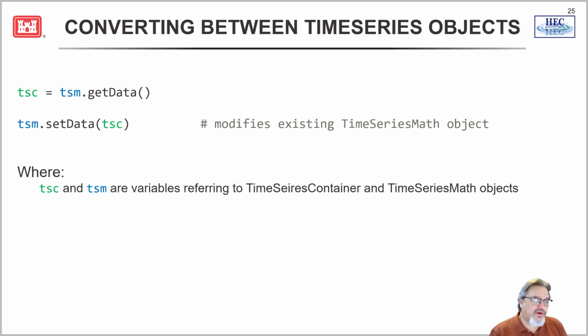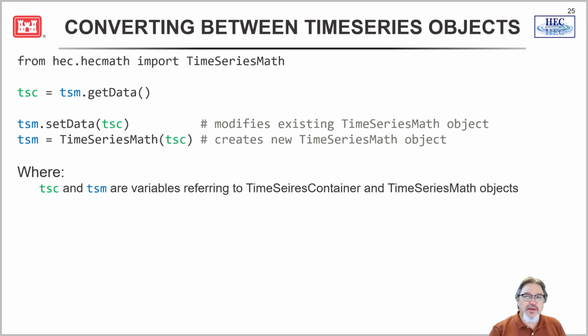Now, what if we don't already have a time series math object? Well, we can still get there, but we have to do a couple other things. Just like we had to import HEC-DSS to access the DSS files, if we're going to create a new time series math object, we need to import the time series math.